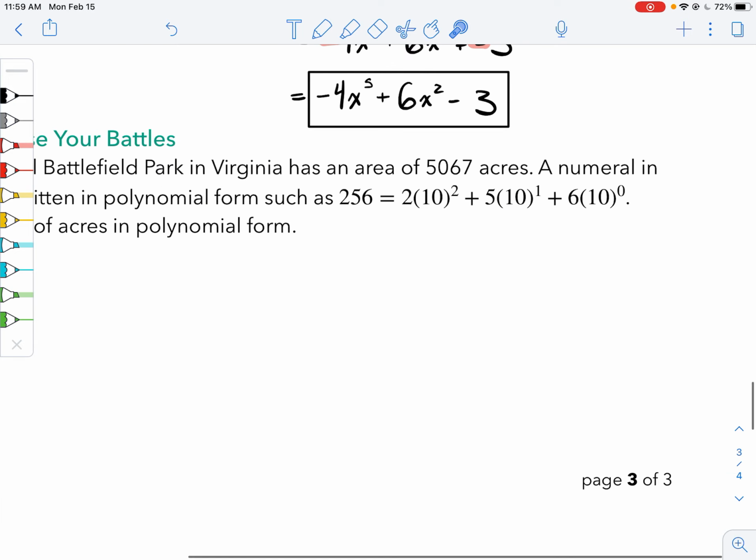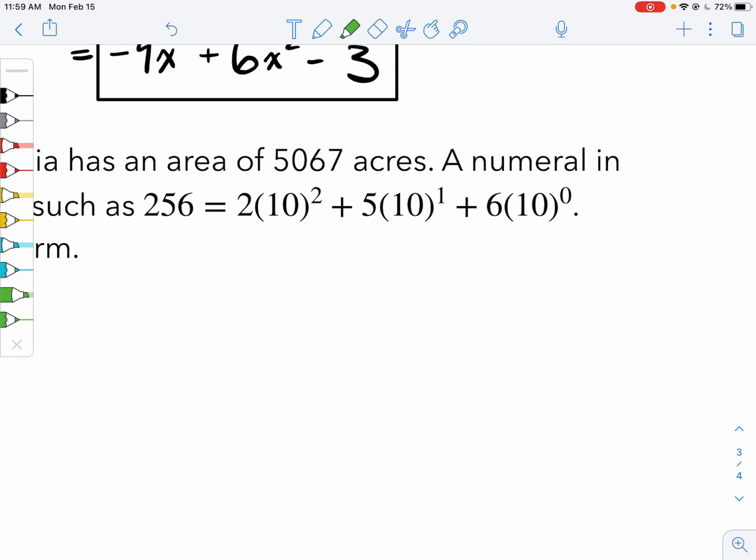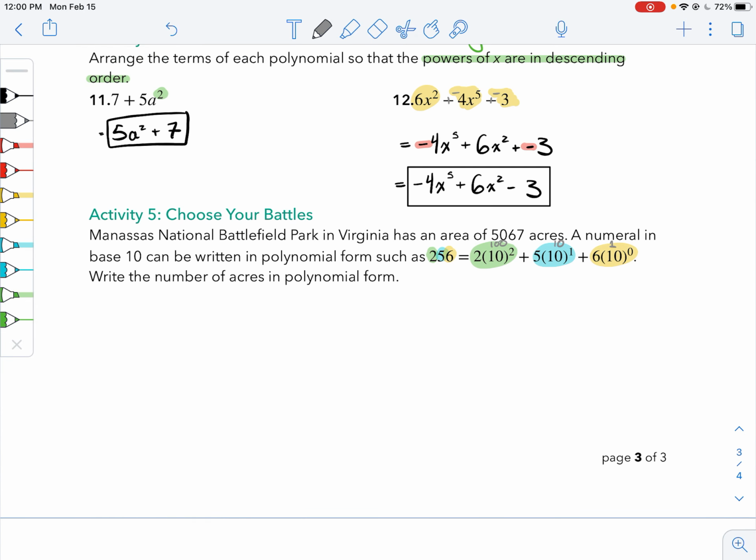For example, when you look at 256, that's 2 times 100, which is 10 squared, plus 5 times 10, so 5 times 10 is 50, plus 6 times 10 to the 0th power, which is 6 times 1. We're going to do the same thing with 5,067.